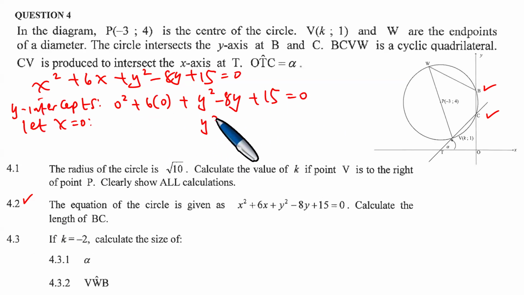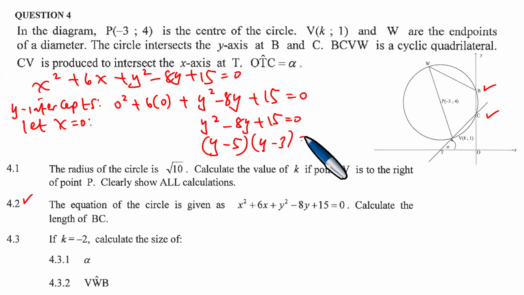So this is y squared minus 8y plus 15 equals 0. You can find the factors of this: y minus 5 and y minus 3 equals 0, so that y is 5 or y is 3.